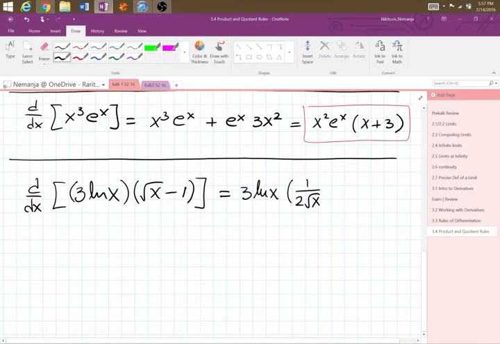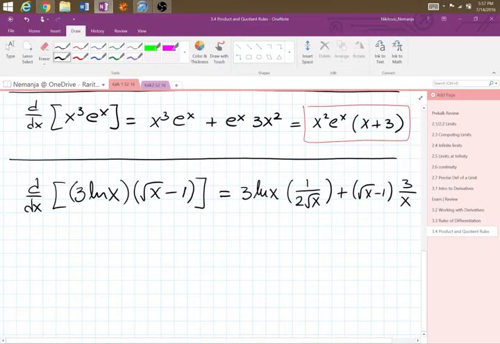Derivative of negative 1 is 0. And then we copy the second, so plus square root of x minus 1, times the derivative of 3 ln x. What's the derivative of 3 ln x? 3 over x, yes. It's 1 over x for ln x, and then times 3, so 3 over x.